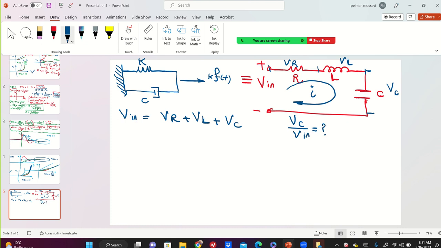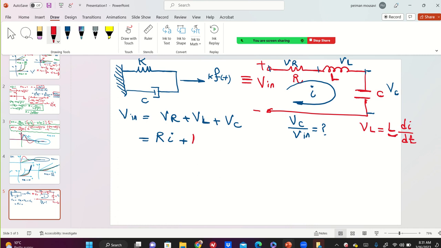Okay, everybody? So we know that VR is Ri, or resistor, from high school. VL, if you forget it, I'm writing here that the voltage across the inductor is L di over dt. Inductance, di over dt.